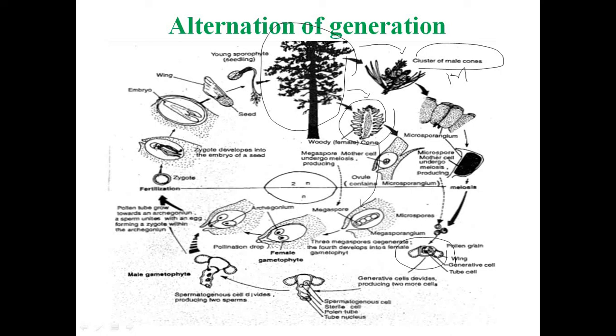At maturity, the pollination drop is secreted by the micropylar end of the ovule, and the male gametes through the pollen tube of the male gametophyte enter the micropylar end of the ovule. Fertilization results in the zygote, and the zygote divides repeatedly and develops into the embryo of a seed.